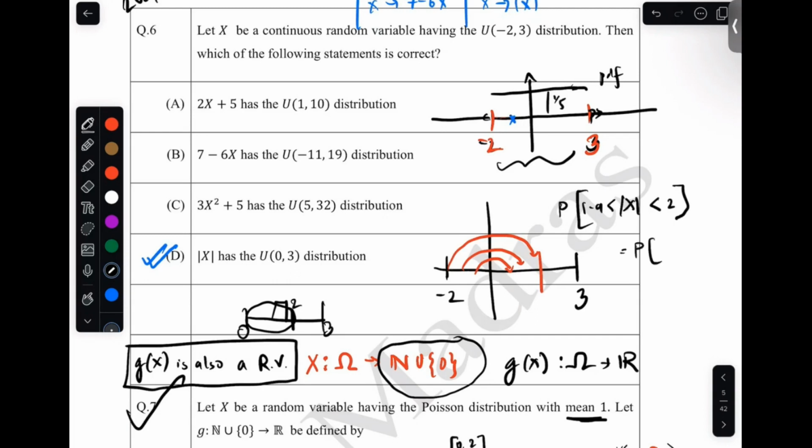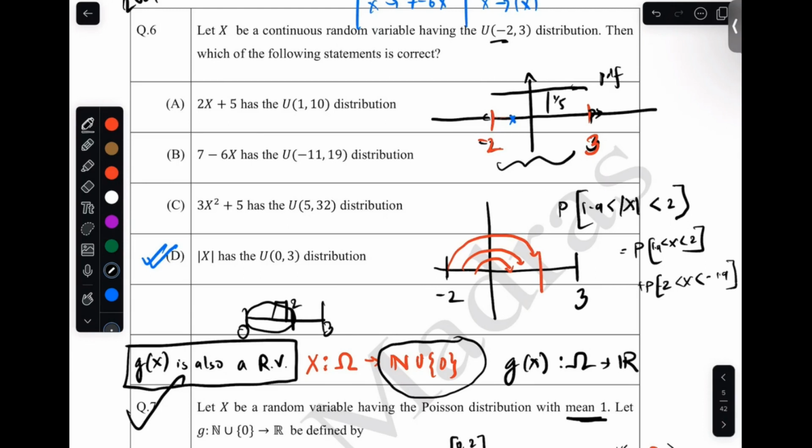this can happen in two ways. Actually x is between 2 and 1.9, but since x can take negative values, it can also be between minus 1.9 and minus 2.